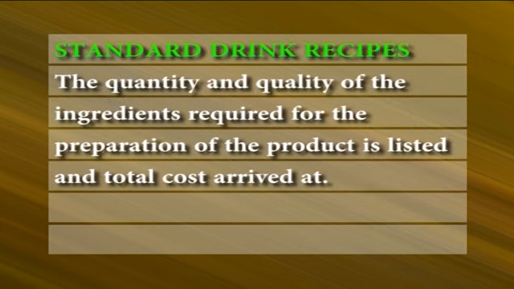Standard drink recipes. The quantity and quality of the ingredients required for the preparation of the product is listed and total cost arrived at. From the cost, the selling price is calculated as per the policy of the establishment. This is to obtain consistency in quality, quantity and taste for the sale of a particular item.